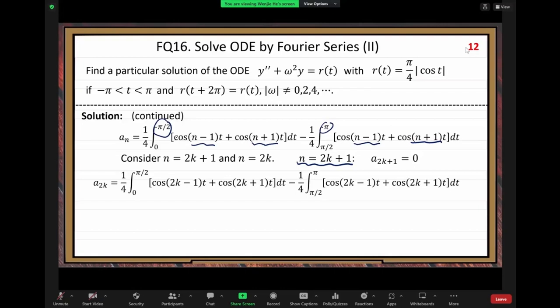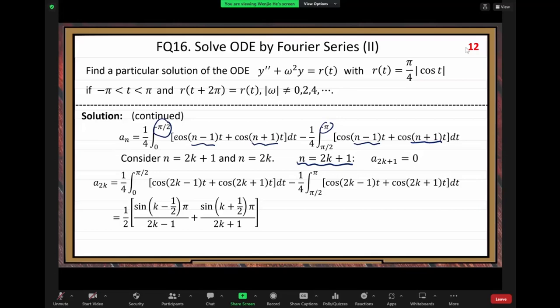Then for n equals 2k, now we need to do the calculation here. Still these two expressions, but we need to get the sine expression after the integrations. For this expression, now we need to plug in k numbers.